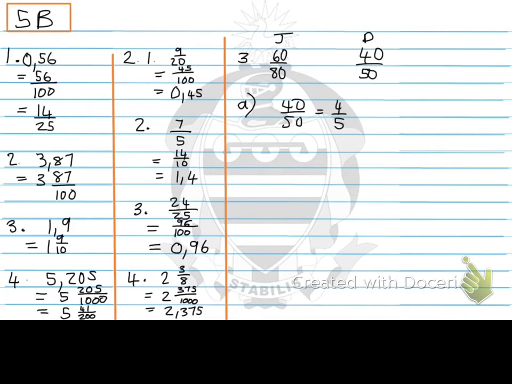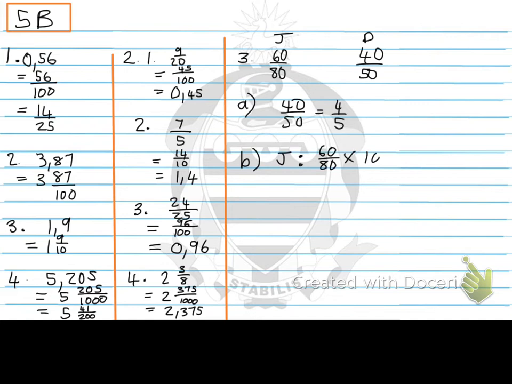Then number B, they just said at her school. So it's only at Debbie's school. What percentage did Debbie and Jane get for mathematics? So Debbie, let's do Jane. Jane had 60 over 80. How do I work out a percentage again? Yes, Luke? Times by 100.